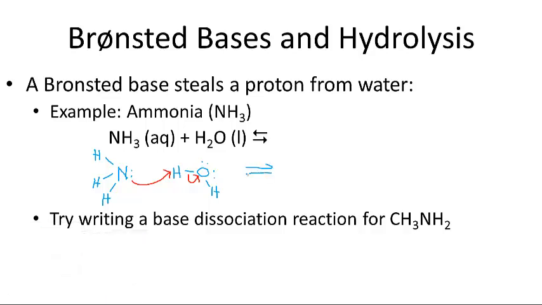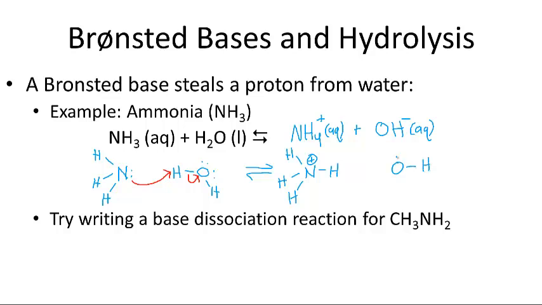What is that going to make? It's going to make NH4+ and OH-. Because the nitrogen now has 4 bonds, it has a positive formal charge, and in the OH-, the oxygen has 1 bond and 3 lone pairs, so it's now got a negative formal charge.